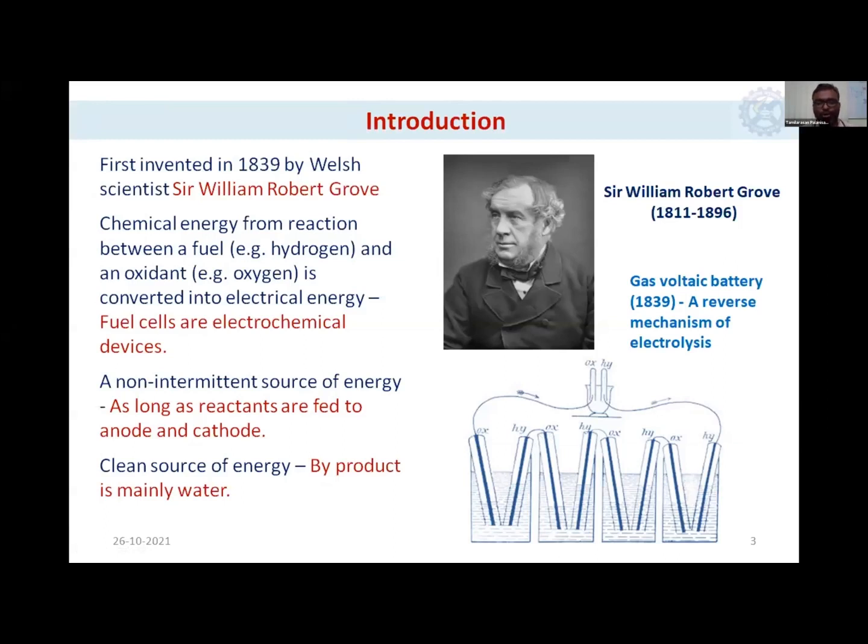If you attain the required potential, theoretically 1.23 volts, and experimentally it will be more than 1.5 volts, if you supply 1.5 volts to this electrode, then water will be split here, and you will get oxygen and hydrogen. So that means these cells are producing electricity. That is the experimental demonstration done by Professor Grove.